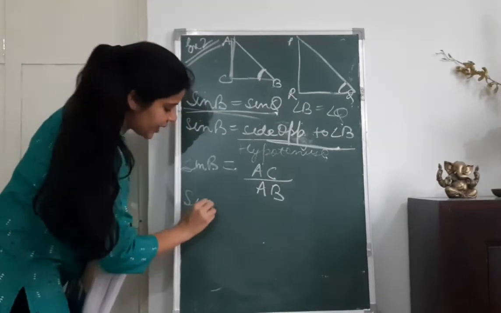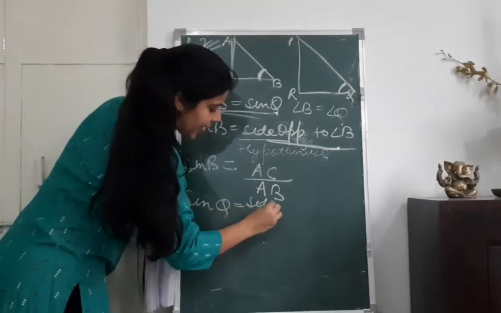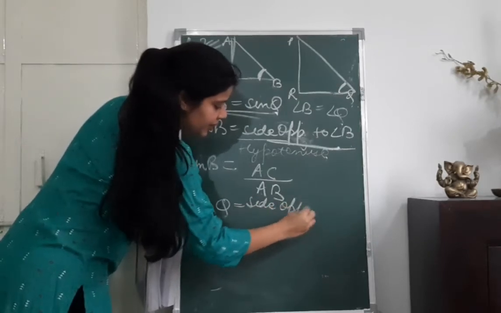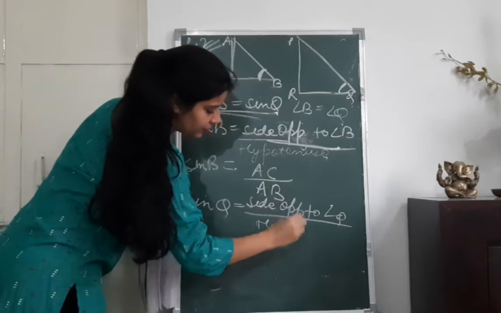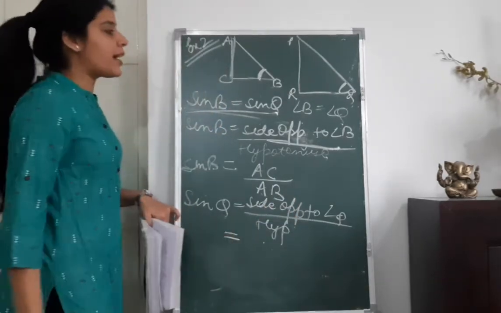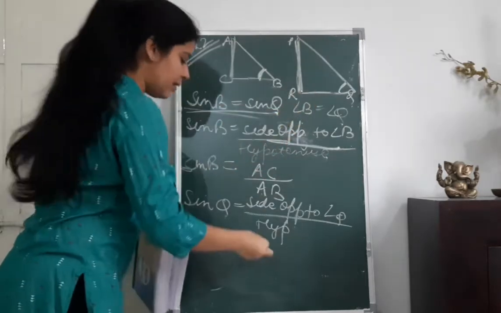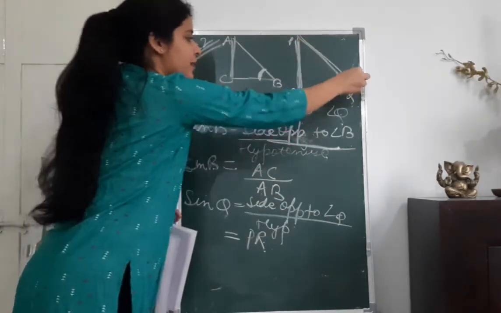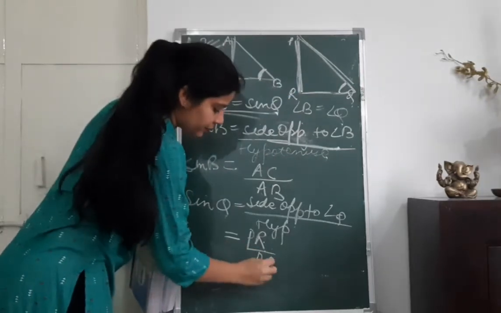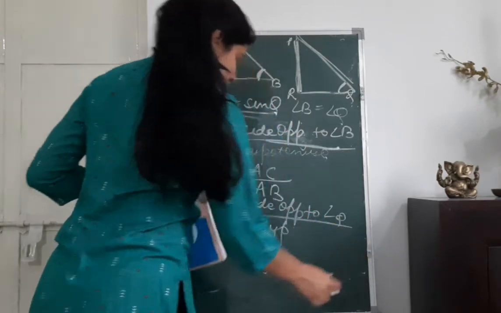Similarly, can I say sin Q is also going to be equal to side opposite to angle Q upon hypotenuse? What is side opposite to angle Q? Side opposite to angle Q is PR. And what is hypotenuse for this case? PQ. Can I say sin Q is equal to PR upon PQ?